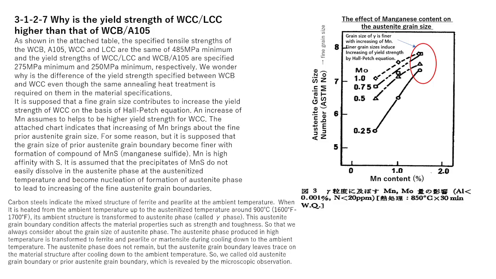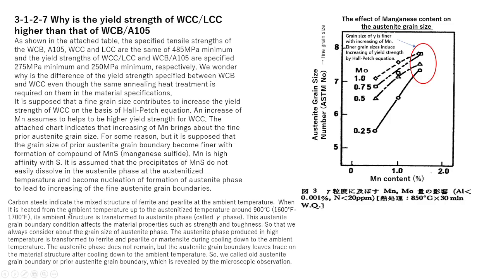I will explain a little more related to the austenite phase. Carbon steels indicate the mixed structure of ferrite and pearlite at the ambient temperature.